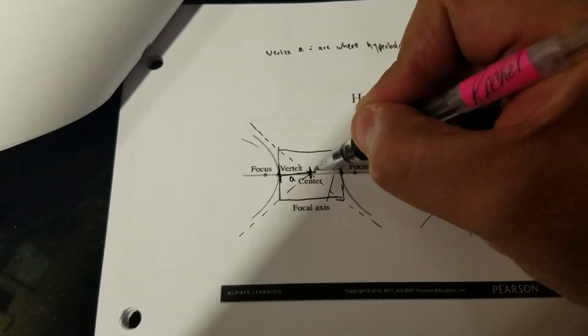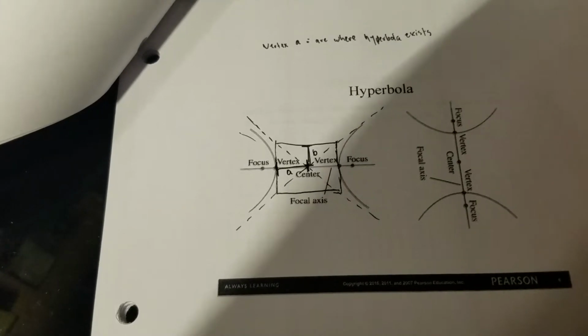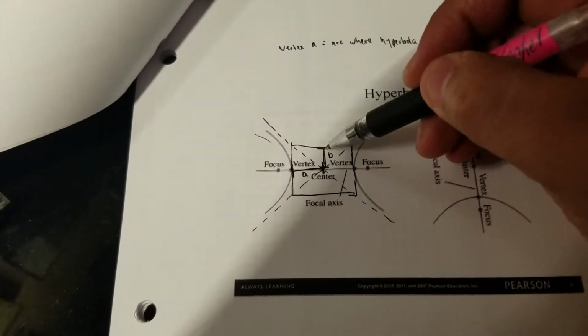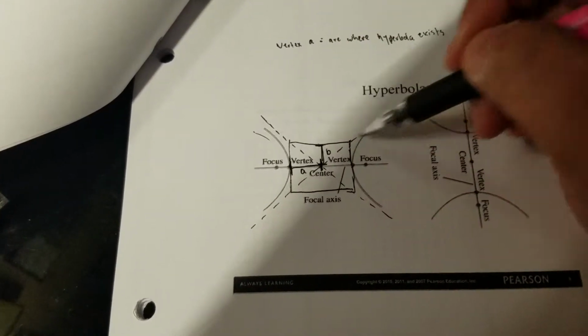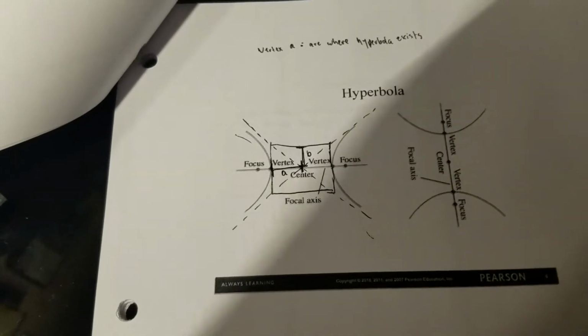This distance over here, to make this box, is my B distance. So B is going to be where there is no hyperbola. You see, I don't see a piece of the graph up here, and I don't see a piece of the graph right here.